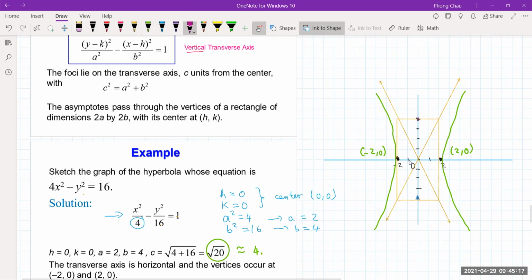So 1, 2, 3, 4-ish, somewhere over here. And you go 1, 2, 3, 4, 5, so somewhere over here. So that's your focus 1, that is the focus 2. Focus 1 is negative root 20, 0, and that'll be root 20, 0.